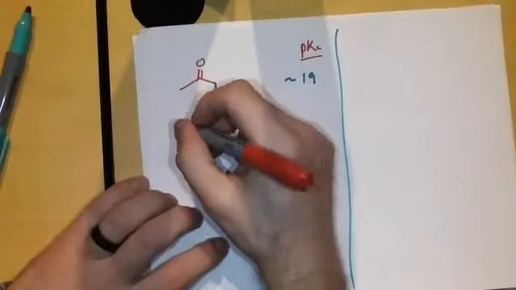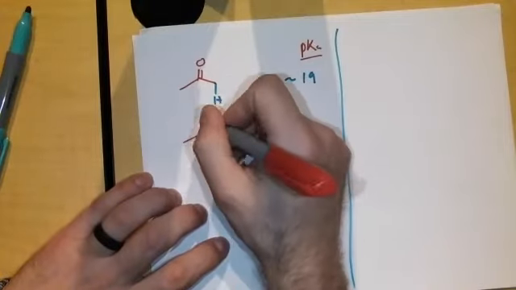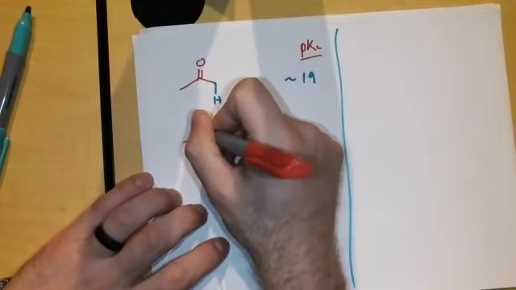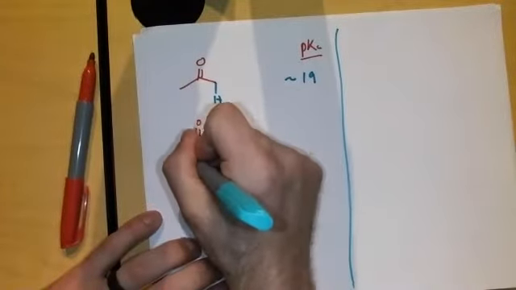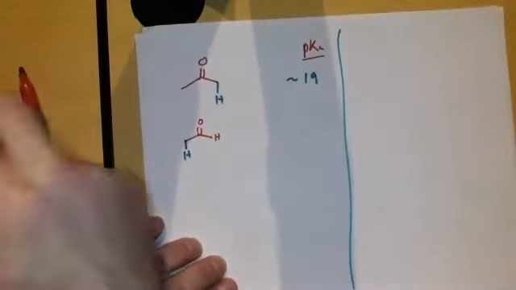An aldehyde, our beta proton here is going to have a pKa of around 17.